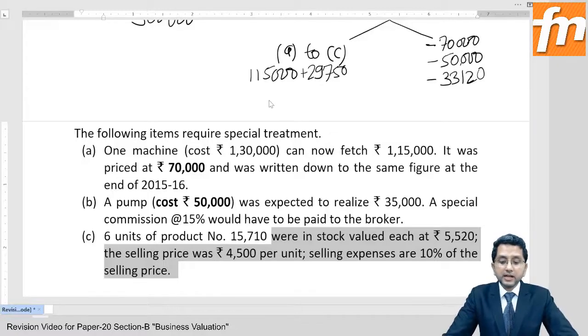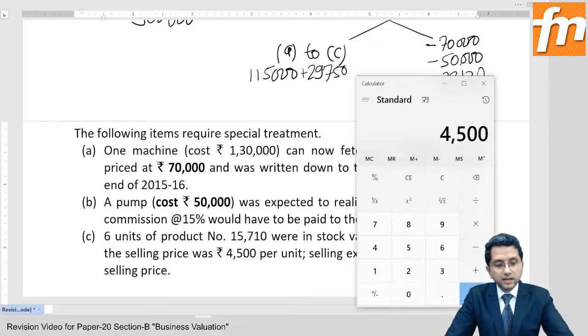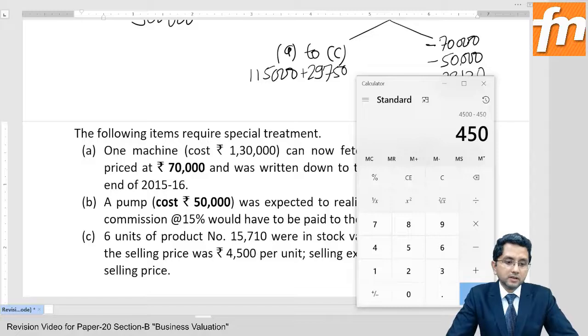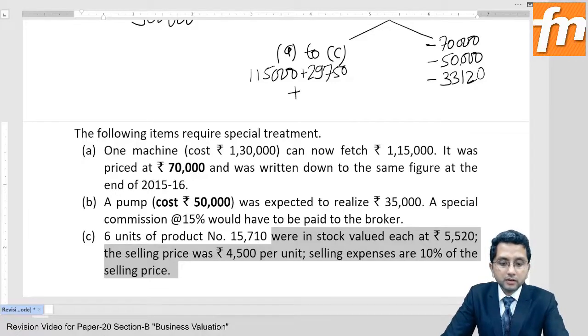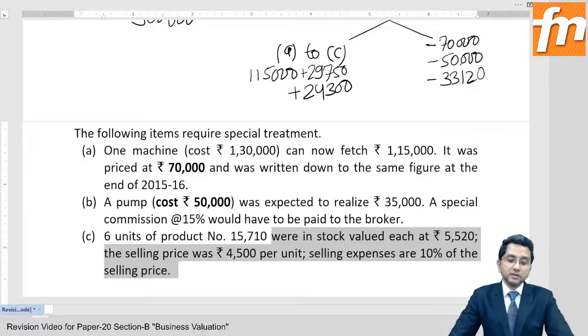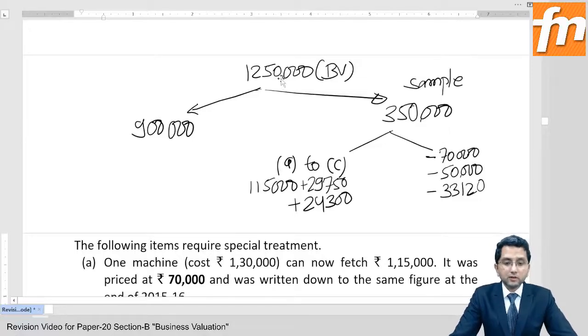On top of it, 10% selling commission is also there. So 4,500 minus 10% is 4050. This is the realizable value. 4050 into 6 is 24,300. So here I should add 24,300. So my dear friend, your inventory book value is 12,50,000.